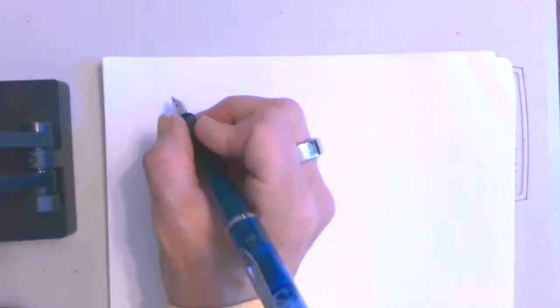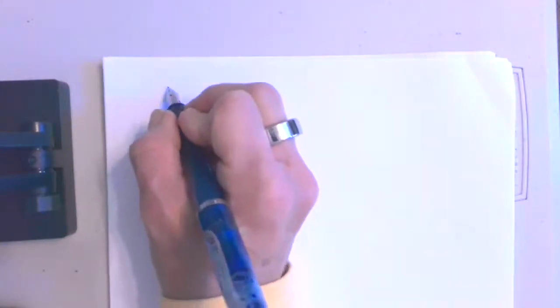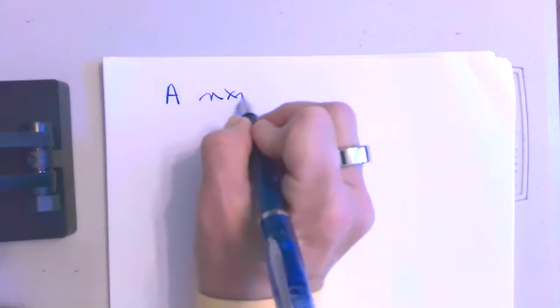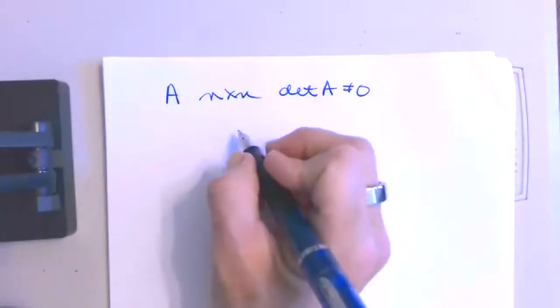Okay. So to find an inverse, the general formula, I'll write it down for you. This is the way I would not recommend to do it. So suppose A is n by n and the determinant of A is not equal to 0.